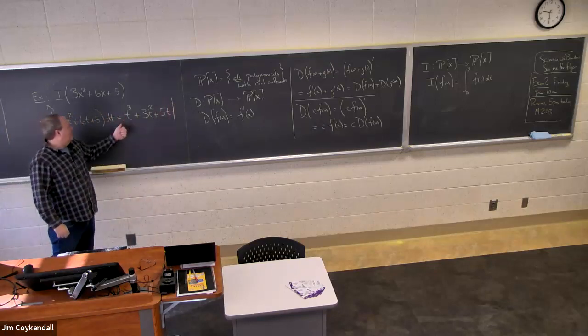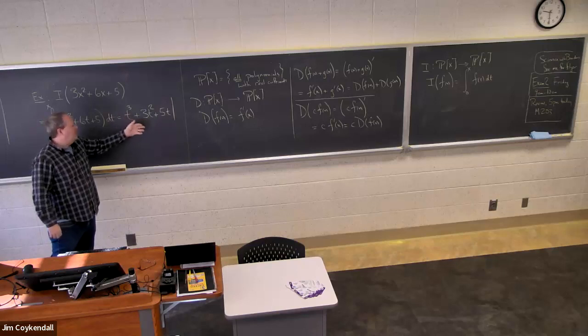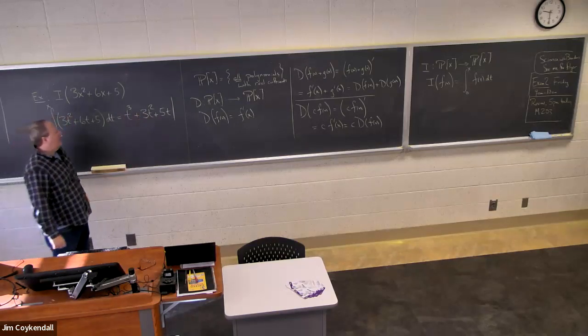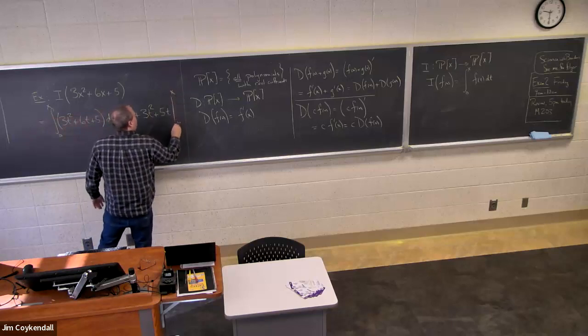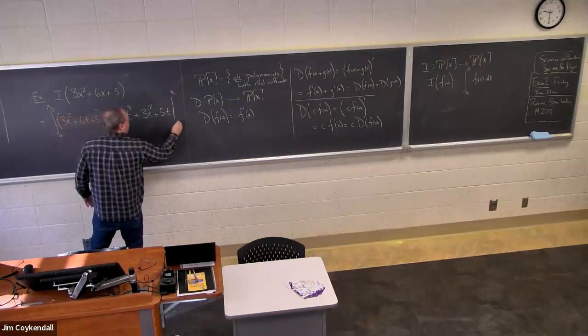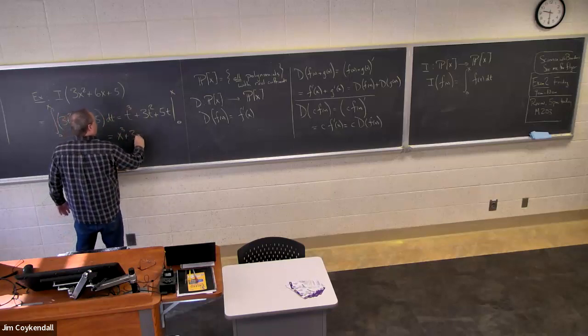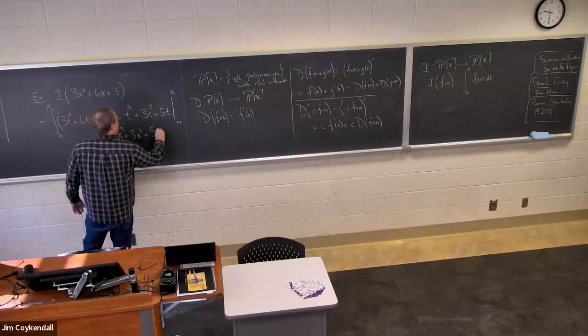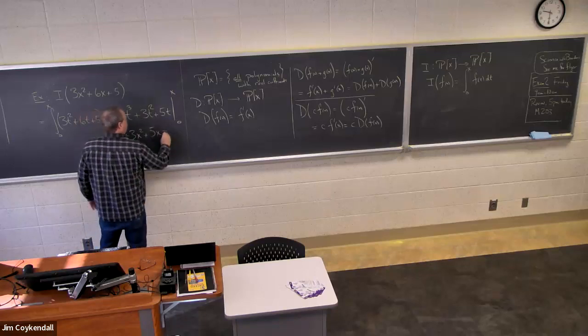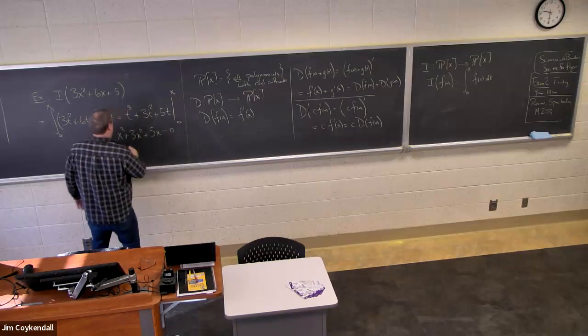I like this because you can always check it. Derivative of this, 3t squared is 6t, and the derivative of 5 is 5, so I'm good to go. Right. We're evaluating this from 0 to x. Plug in x, I get x cubed plus 3x squared plus 5x, minus plug in 0, I get 0.